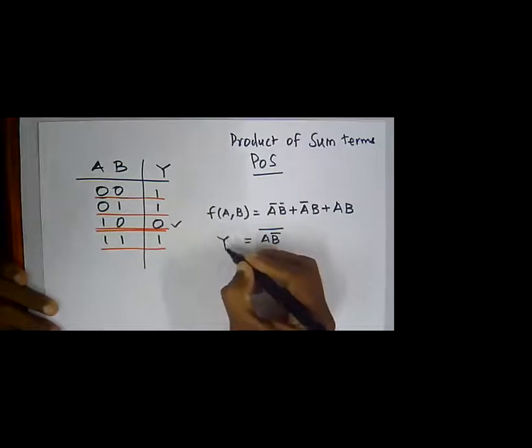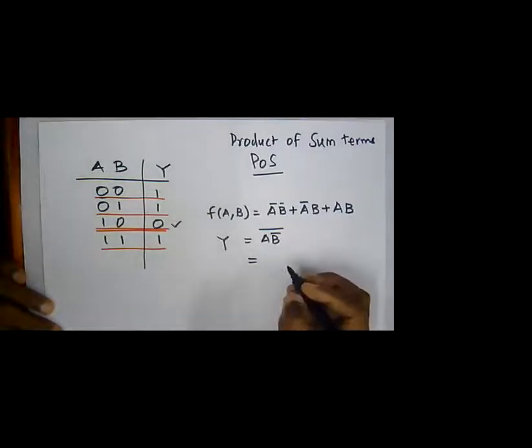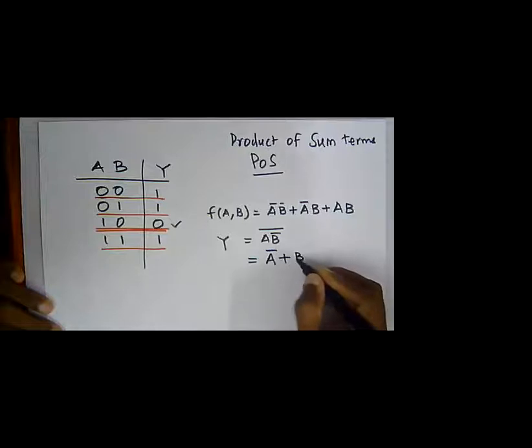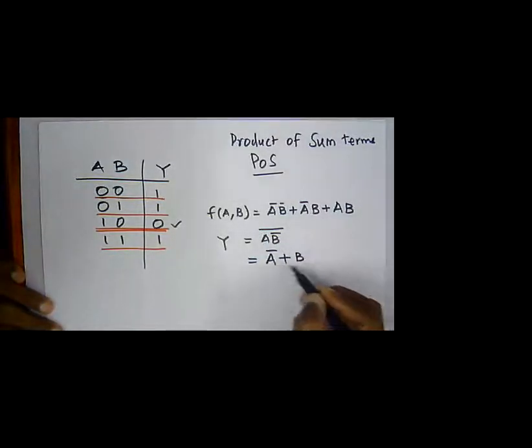So we can write Y or f of AB as A B bar whole bar. If we apply De Morgan's theorem, we can write this as A bar plus B, and this is called the product of sum terms.